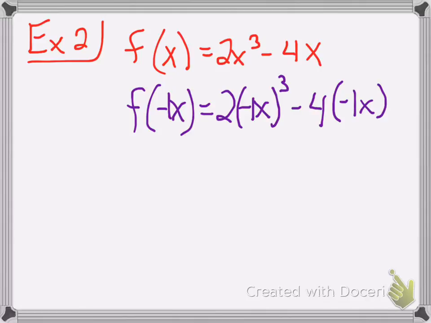Now what's going to happen is, if you pay attention to the signs in front of each term in the function, that 2x to the third is going to change to negative 2x to the third.